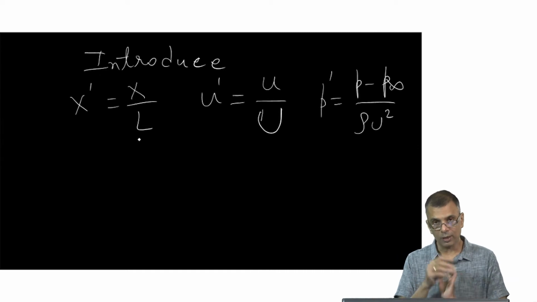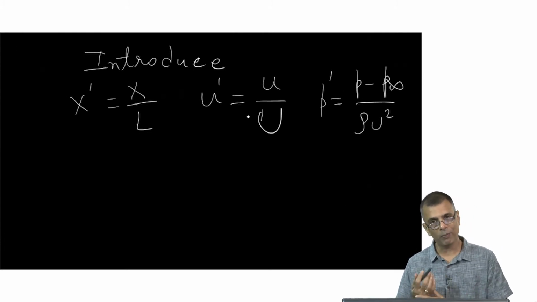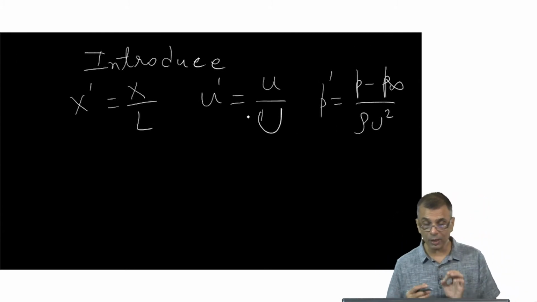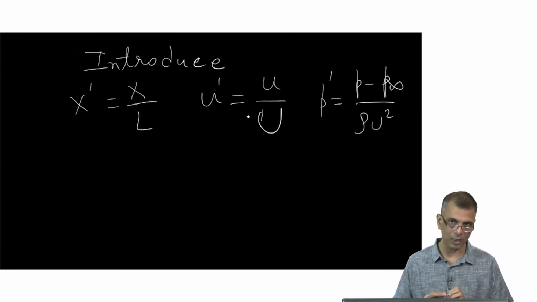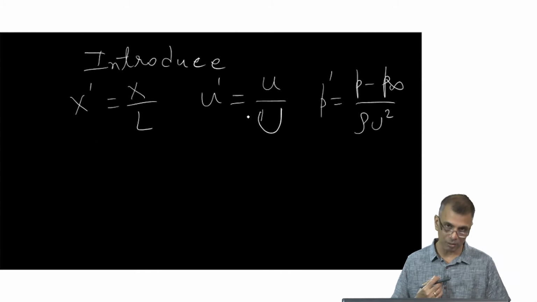What's the logic here? The quantity L is some representative macroscopic length. The quantity U is some representative, technically an undisturbed velocity, the idea being that viscous effects can typically be considered as a perturbation.